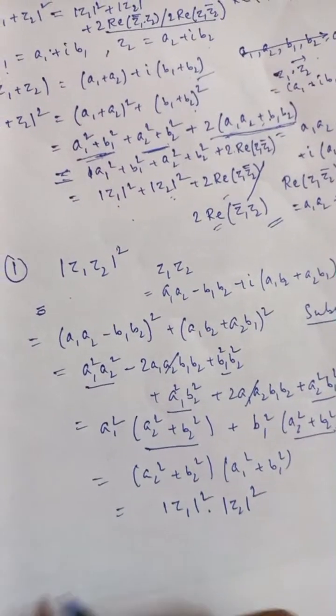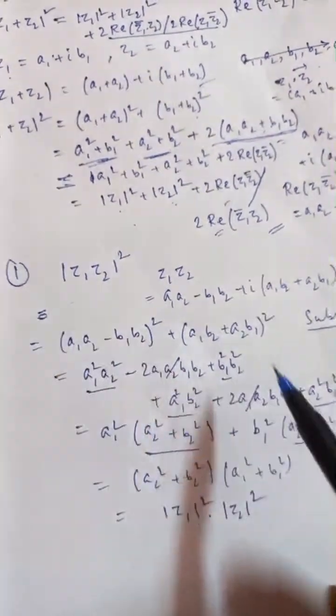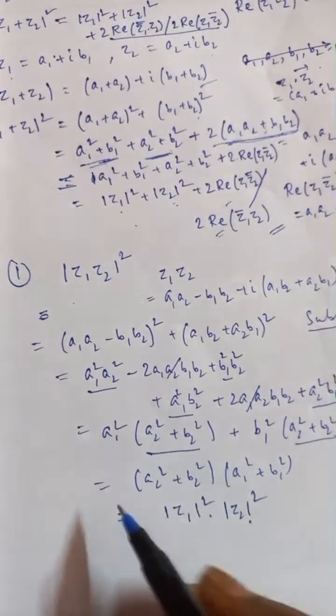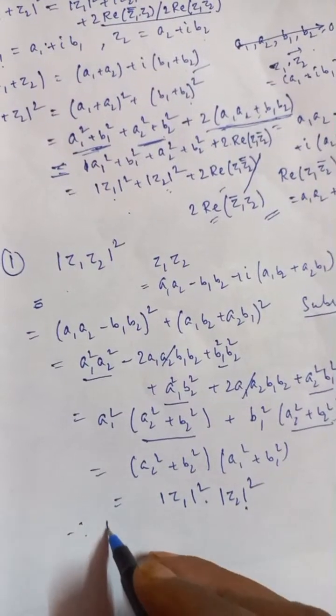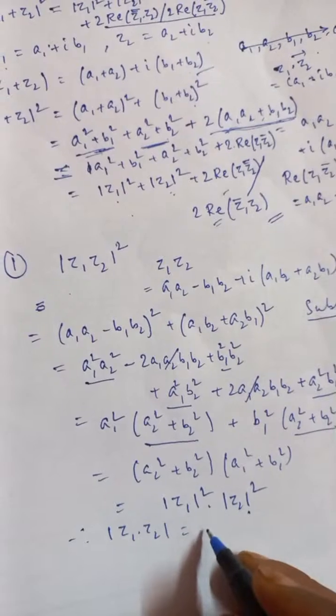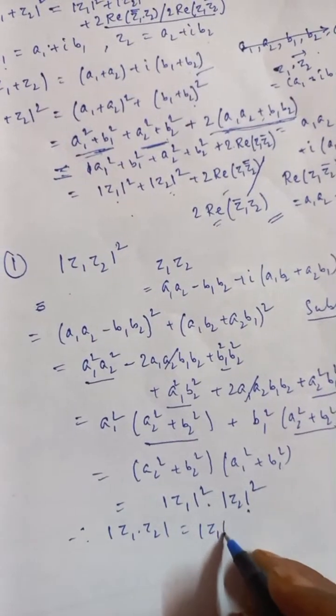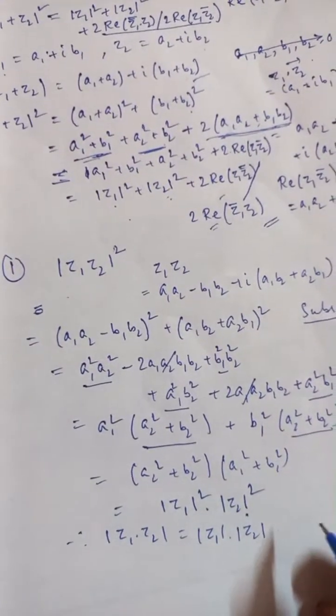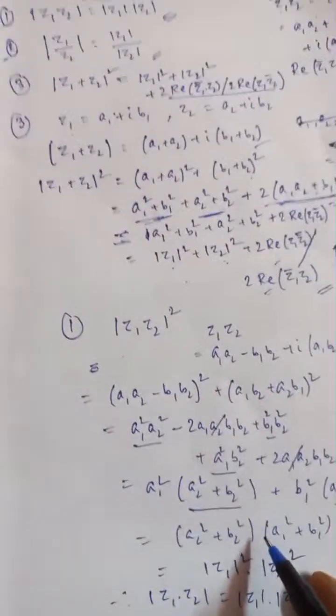This is the form of modulus, and mod form is always positive. We can simply write mod of z1 multiply z2 is equal to mod of z1 multiply mod of z2. So in this way you can prove number 1.